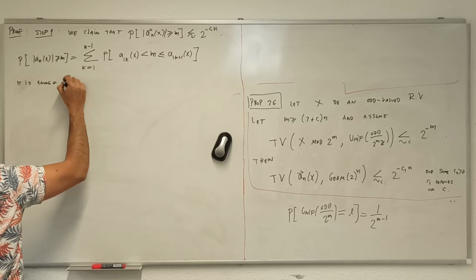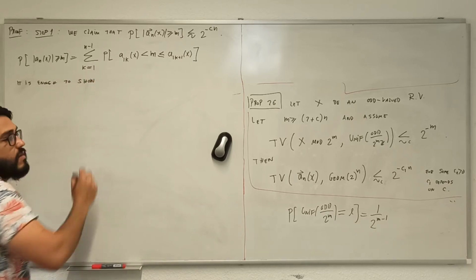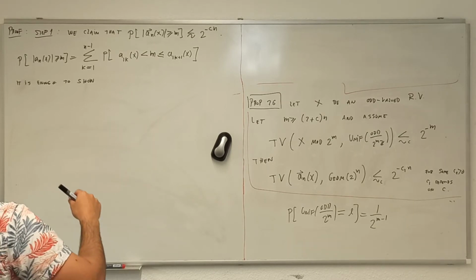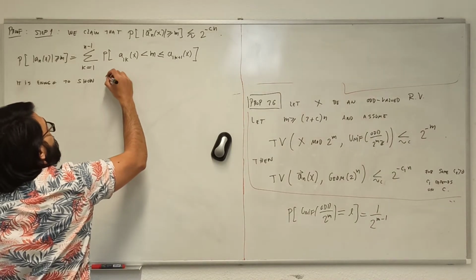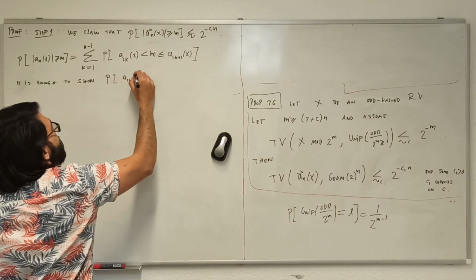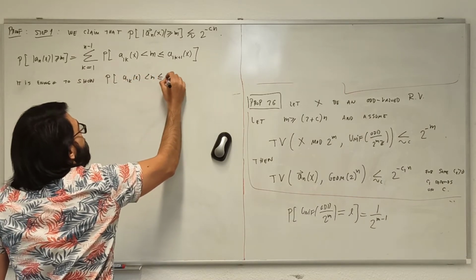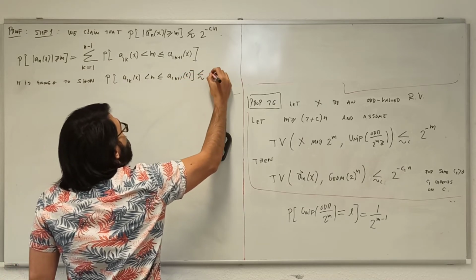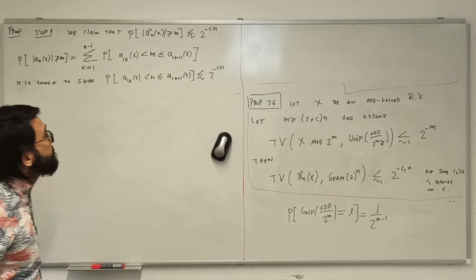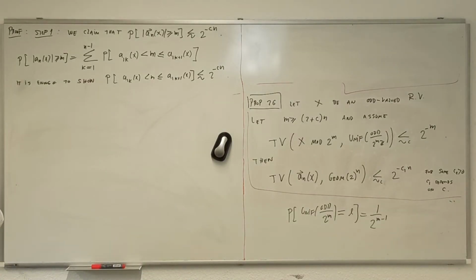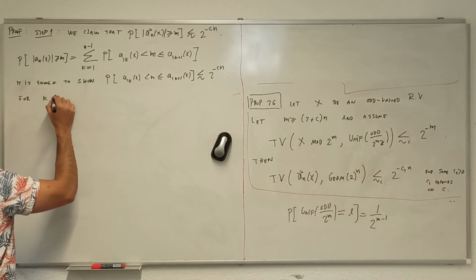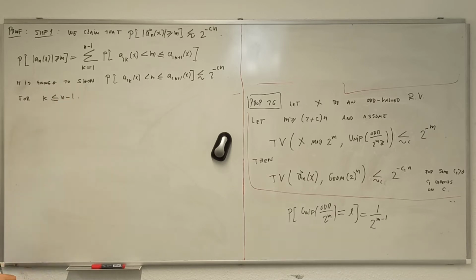It's enough to show that this probability here is of the same form, for k less than or equal to n minus 1.